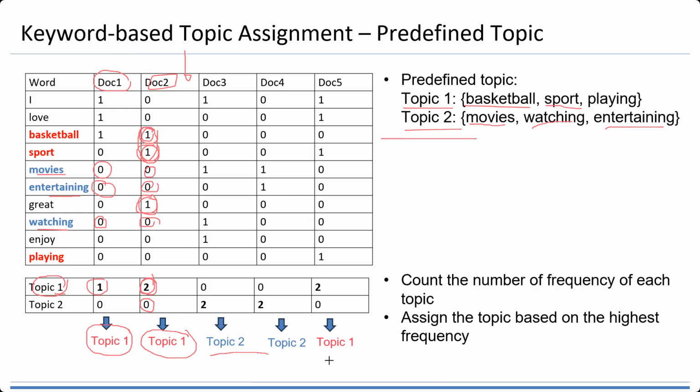And so on. So we can also look at document 3, document 4, and document 5 by looking at the frequency. We count the frequency of each topic and assign the topic based on the highest frequency. So this is the key idea, the basic idea of keyword-based topic assignment.